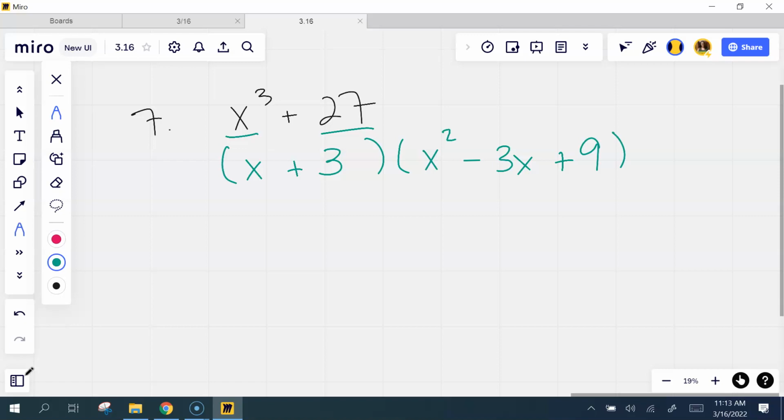Is that too terrible? Write what down? So this is the first squared. It comes from here.